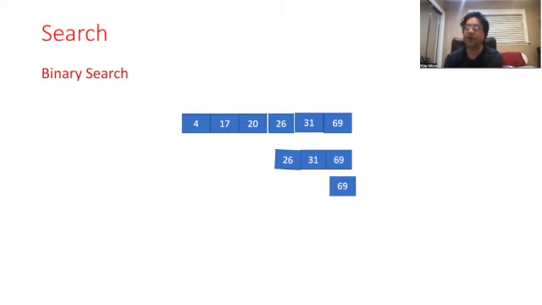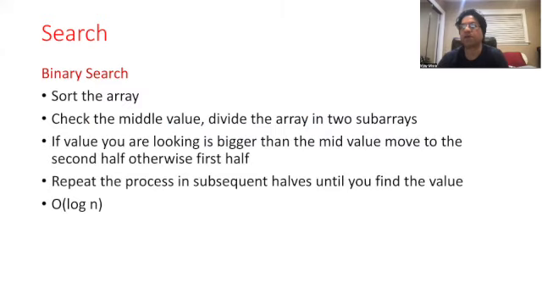Again, 69 is more than 31, so we'll again halve the search space, and ultimately we'll find the number 69. So binary search complexity is log n. Why? The reason is the same, because we are halving the search space each time.